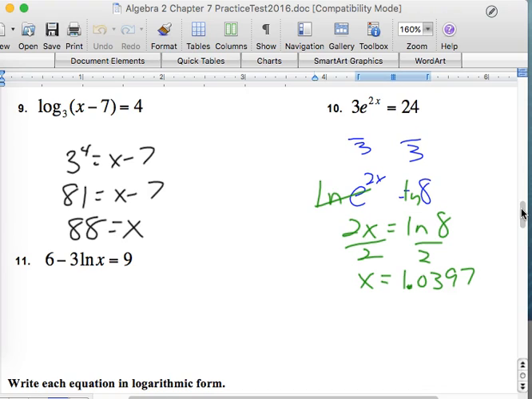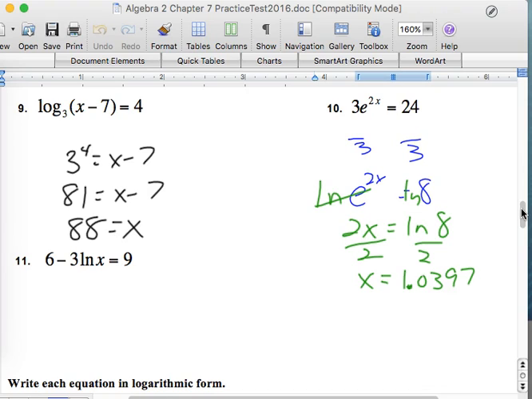Is it x equals negative 1? Ooh. Is it 1 over e equals x? Oh my gosh, how do you do that? This is right. Oh, I got it right.